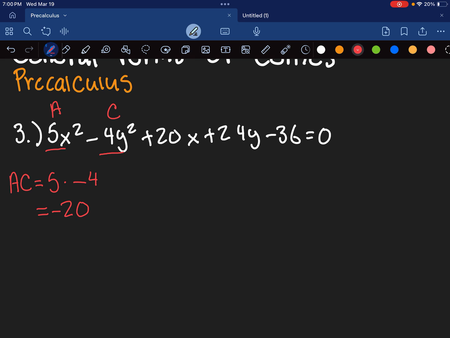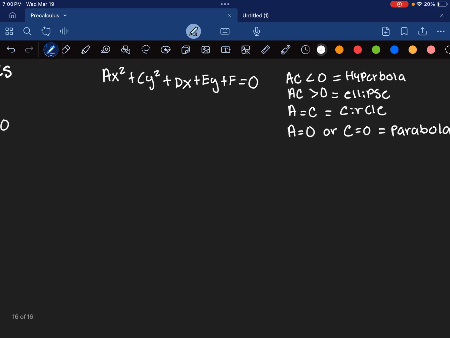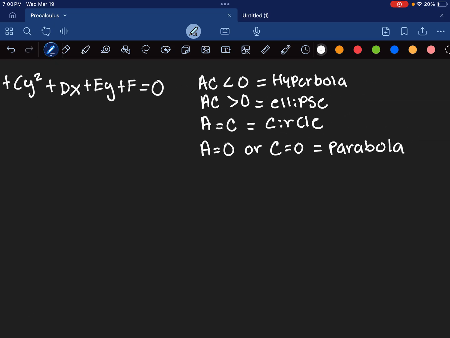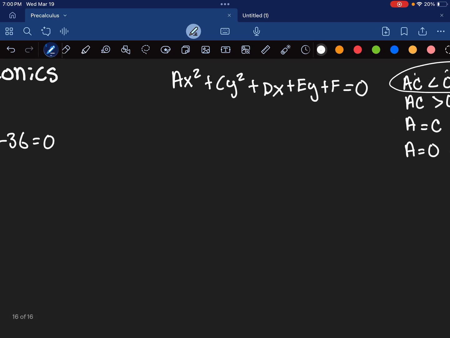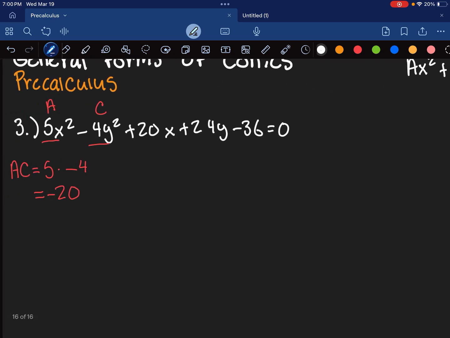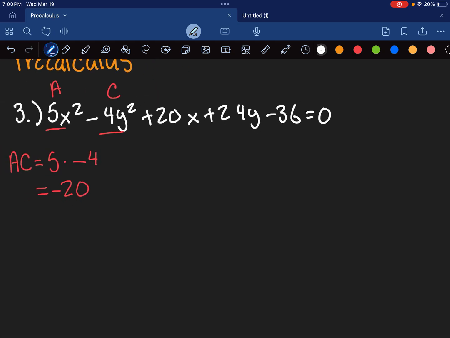And we have a couple rules when naming the conics. Right here I mentioned some of them. So what we're going to be looking at is this first one right here, the hyperbola. It says AC, if it's less than 0, then it equals a hyperbola. So if we take a look at our AC here, -20, we know that that's less than 0.